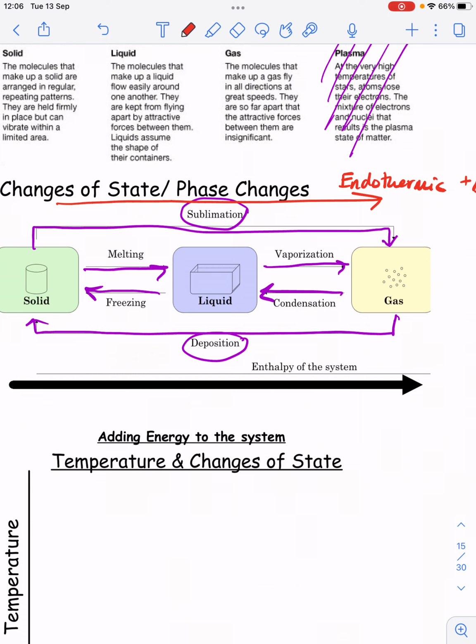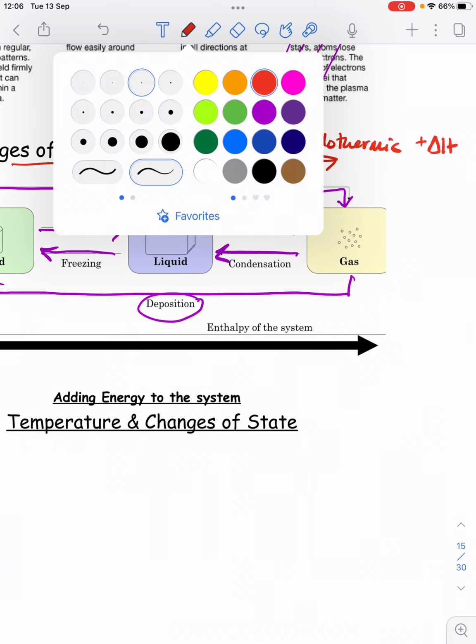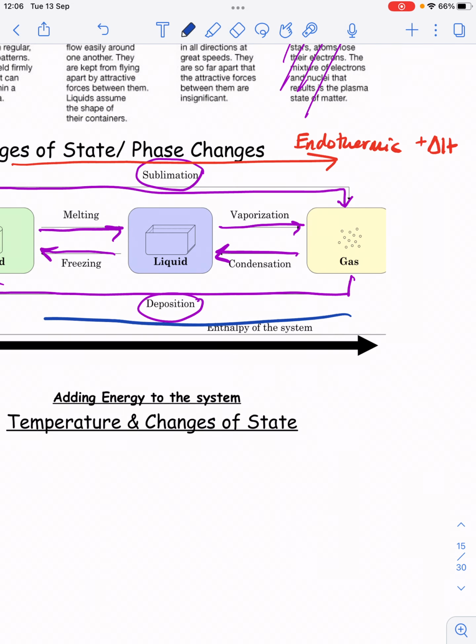When gas is condensed down to liquid and they come together and form attractions, they end up releasing energy. And in order to freeze, liquids need to release energy to the surroundings to turn into solids. And for gases to deposit and undergo deposition, they also must release energy. So in the other direction here, we have changes that are exothermic.